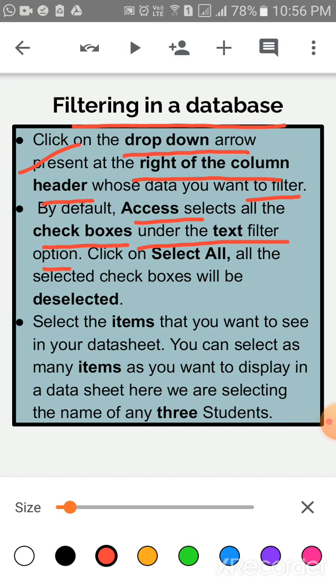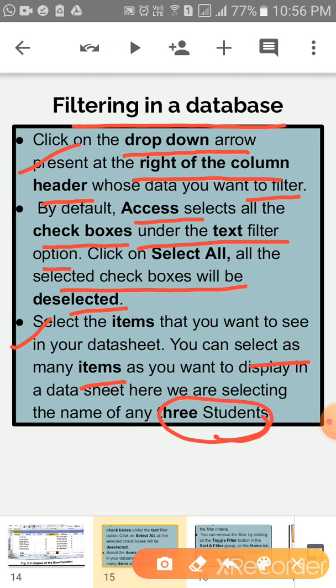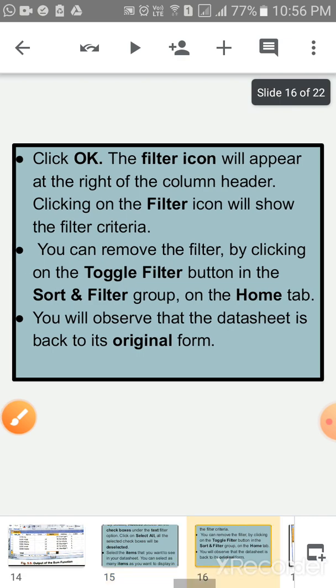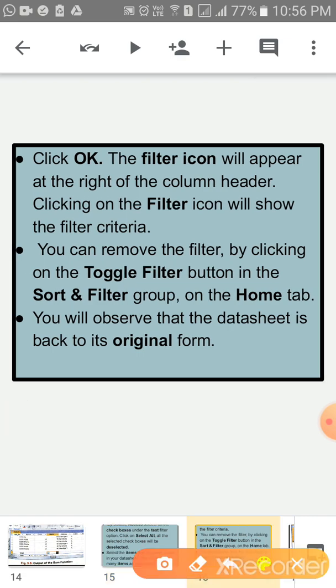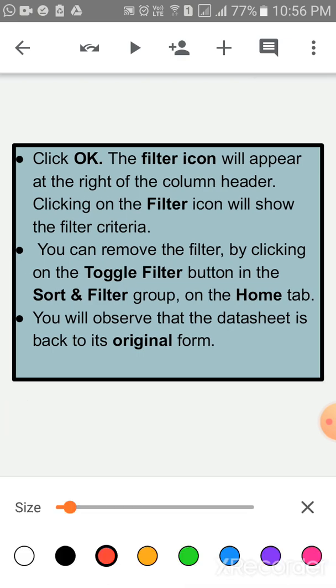Click on select all, and the selected check boxes will be deselected. Next, select the items that you want to see in the datasheet. You can select as many items as you want to display. Here we are selecting the names of any 3 students. Clear? Now children, next is click OK.